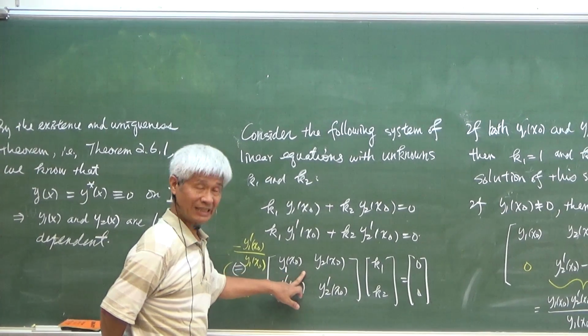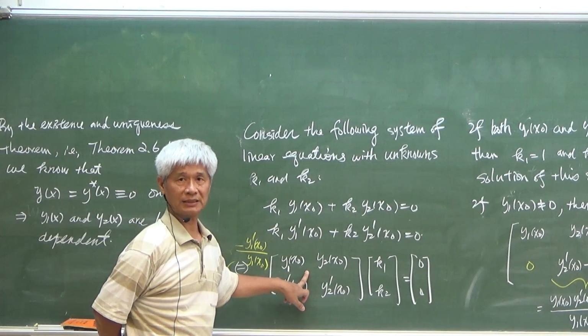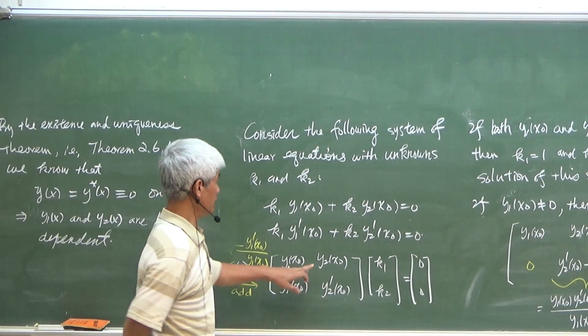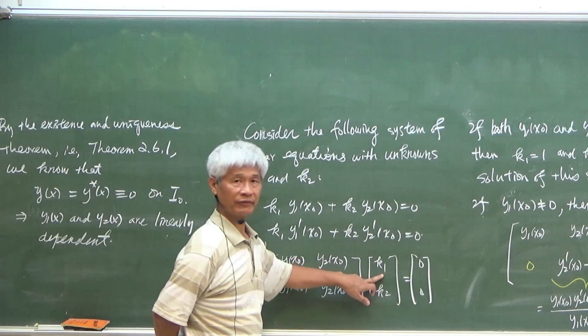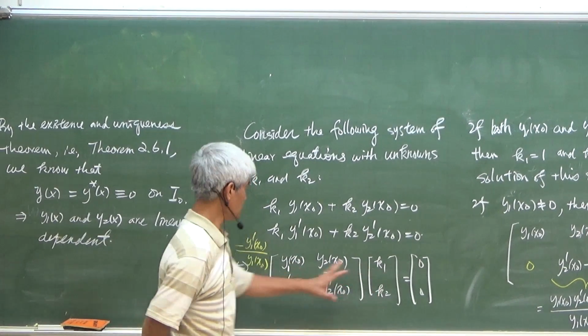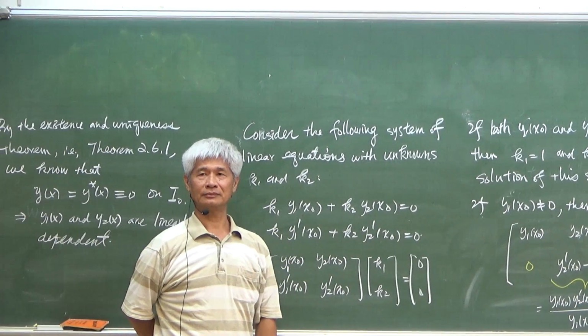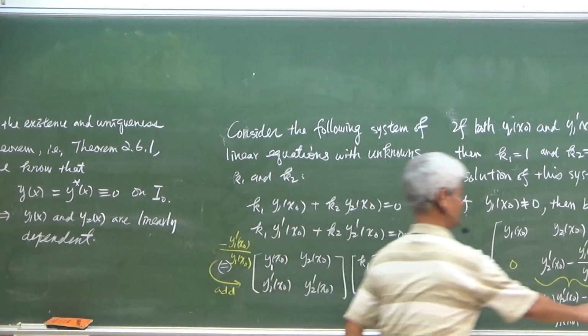Yeah, if it's singular, there's no inverse matrix. If there is no inverse matrix, it means that we have a non-trivial solution. Because if this is invertible, there is only one solution, which is 0. Right?